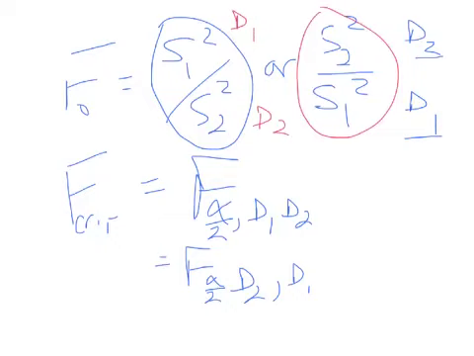In the first case, D1 will be your numerator. That's equal to N1 minus 1, N2 minus 1, and in the other case N2 minus 1, N1 minus 1. Okay? So once we just make sure that things are aligned, we're good to go.